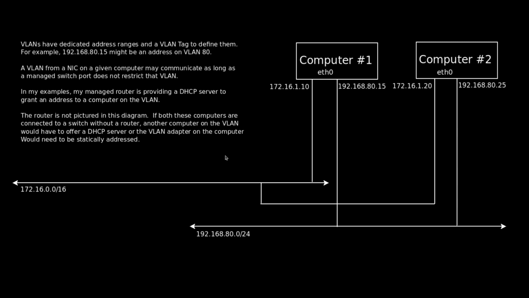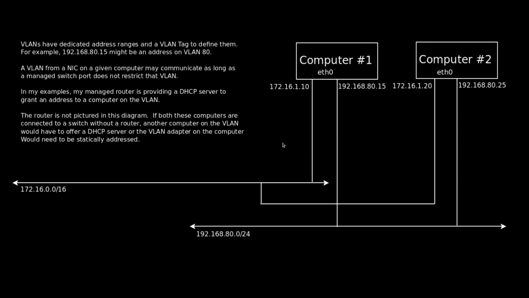So in my examples, my managed router is providing a DHCP server to grant an address to a computer on either the main LAN or on a VLAN. So the router's not pictured, as I said, and if both these computers are connected to a switch without a router, another computer on the VLAN would have to offer a DHCP server, or the VLAN adapter on the computer would need to be statically addressed.